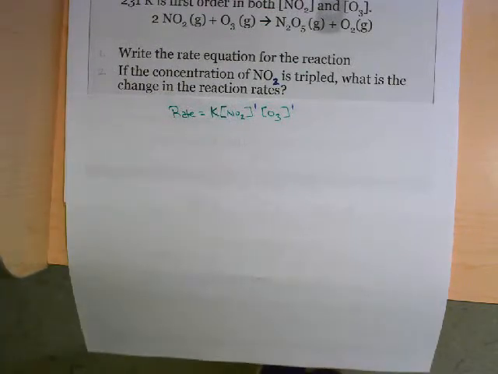Since it's first order in nitrogen dioxide, if I triple the concentration of nitrogen dioxide, how does that change the rate? It triples also, right? Because it's first order.